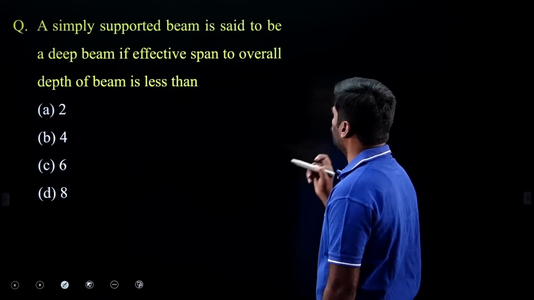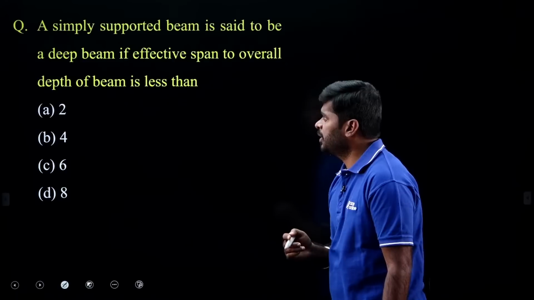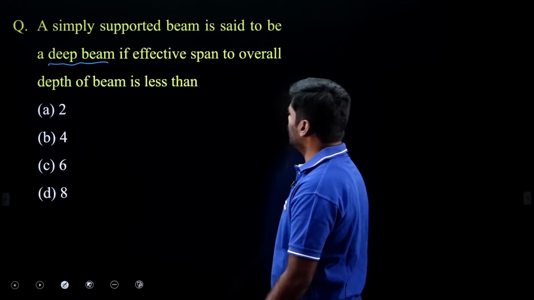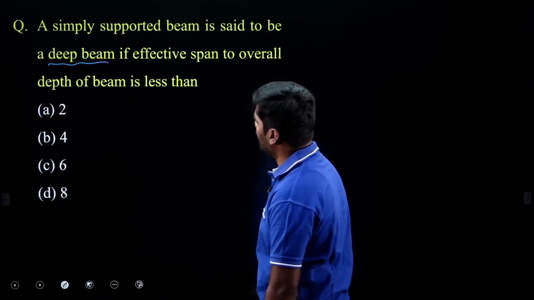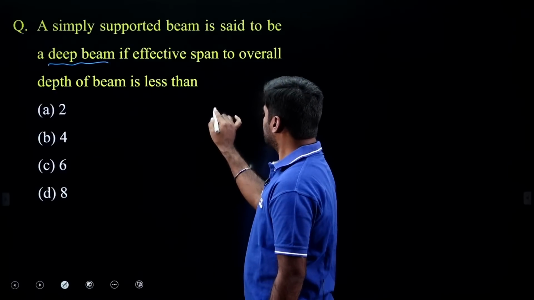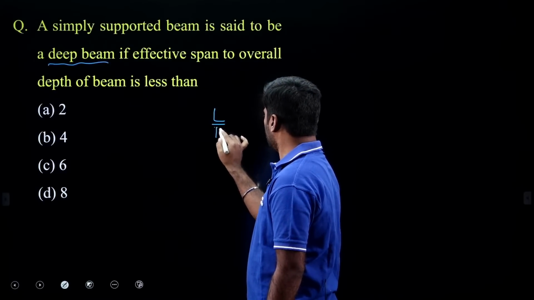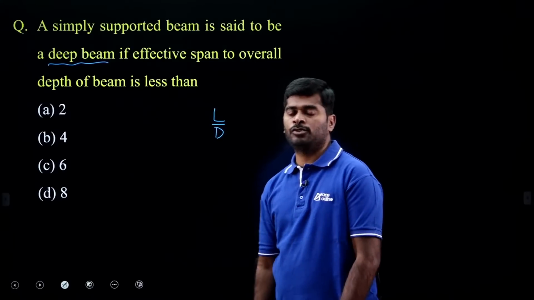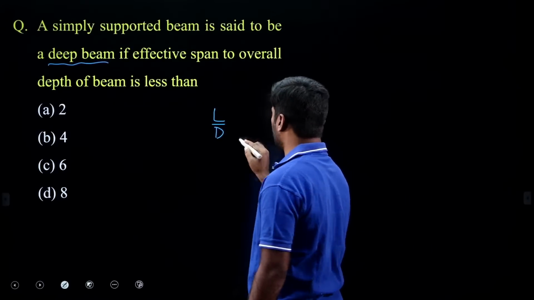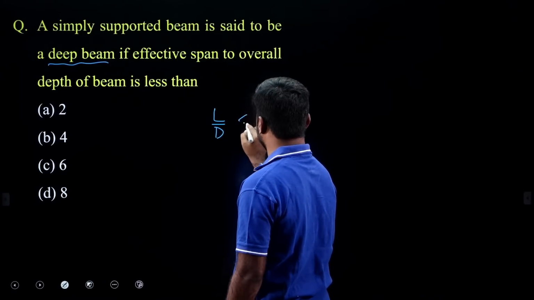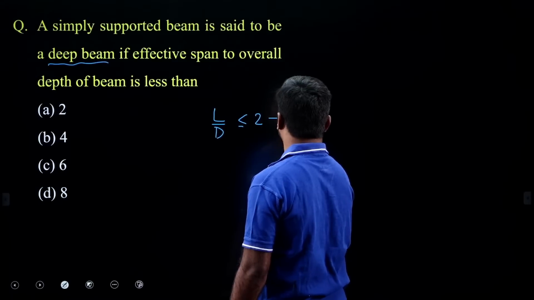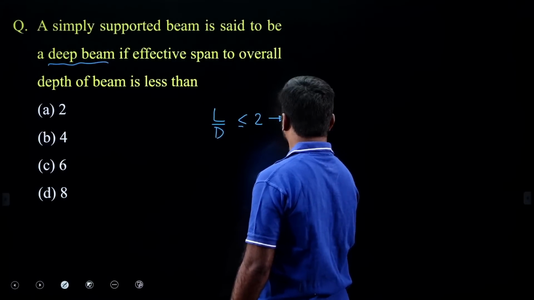A simply supported beam is said to be a deep beam if effective span to overall depth of beam is less than. My dear, we can decide whether it is a deep beam or not based on the effective span to overall depth ratio. If effective span to overall depth ratio is less than or equal to 2 for a simply supported beam, then it is a deep beam.